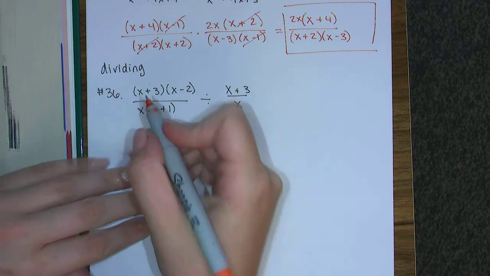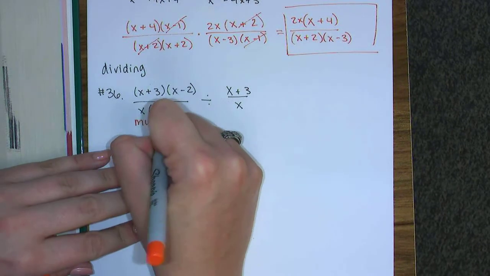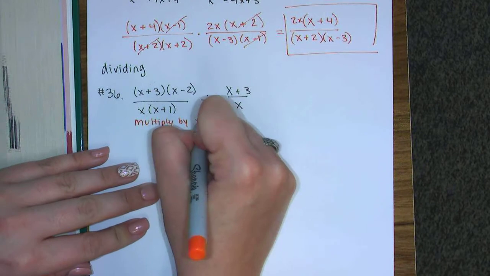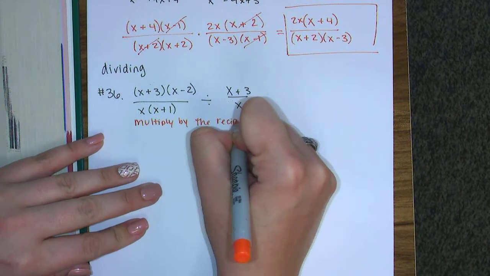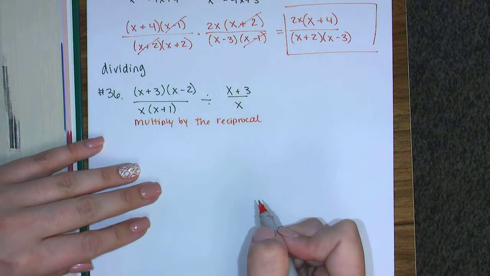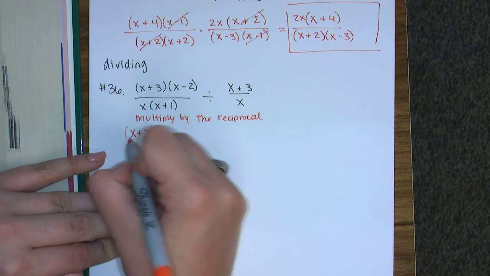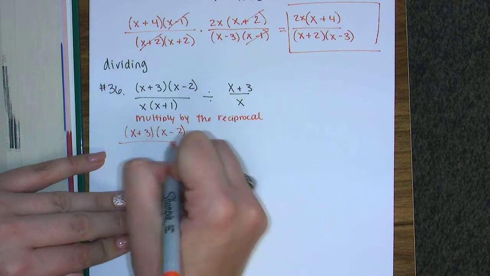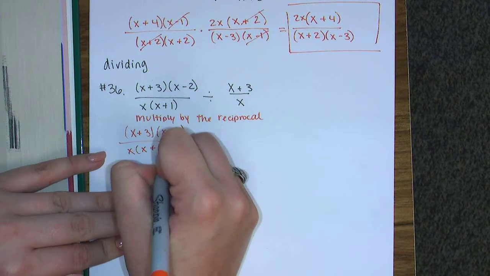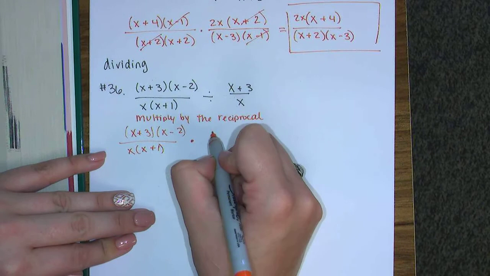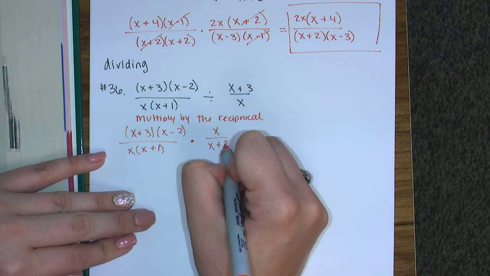So just so everybody can see, multiply by the reciprocal. So this is going to be x plus 3 times x minus 2 over x times x plus 1 times x over x plus 3.